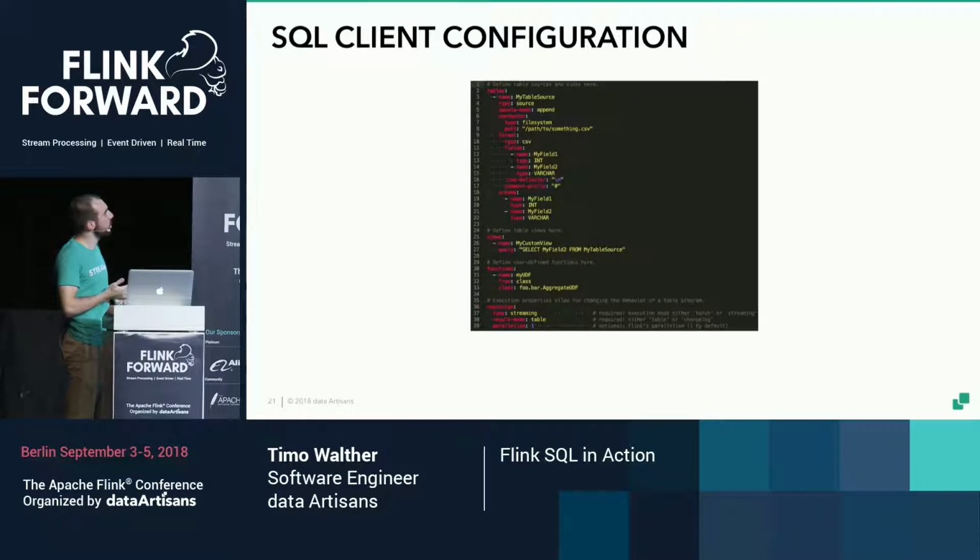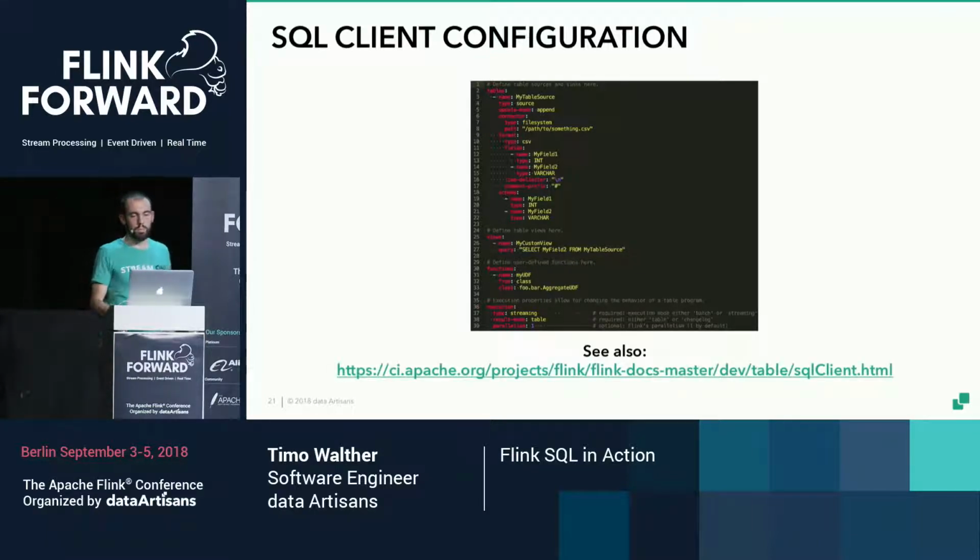We define the format and some types of the format and some parameters that depend on the format, like a line delimiter or a comment prefix. And then we're basically done, and we can use this connector in the SQL client. We can also define things like views, or also UDF functions are defined here, and as I said, also things like execution properties. If you need more information, just visit the SQL client documentation page for this.